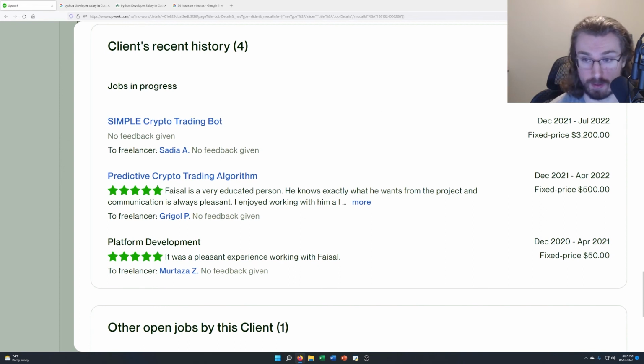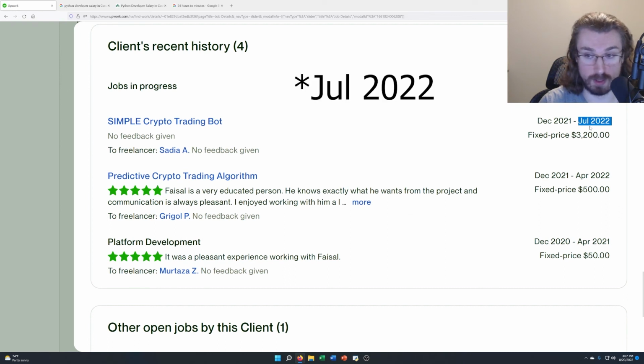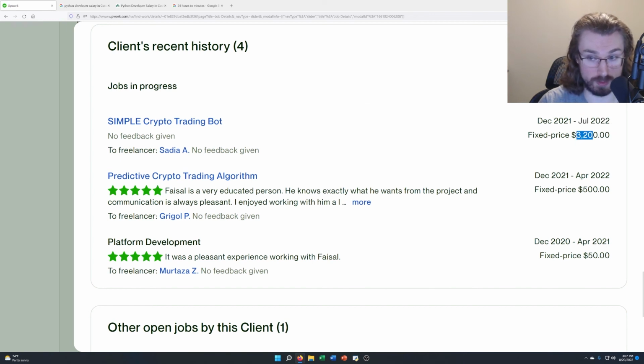I'm going to look at this post after, but they probably had a similar project, and this person worked on it. We can't really tell how much, but at least they started the contract in December of 2021, and it just ended in July. So 6, 7 months they spent on this project, and who knows how much of this money was given to the person while working on it.